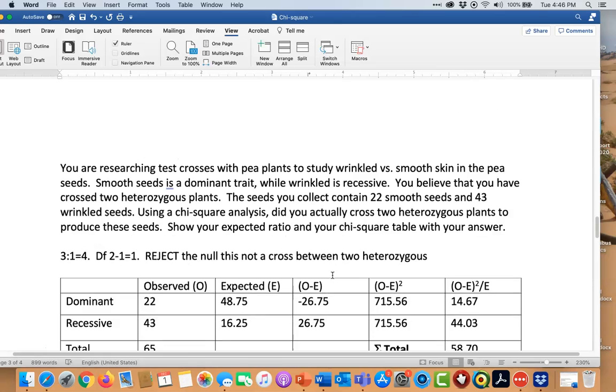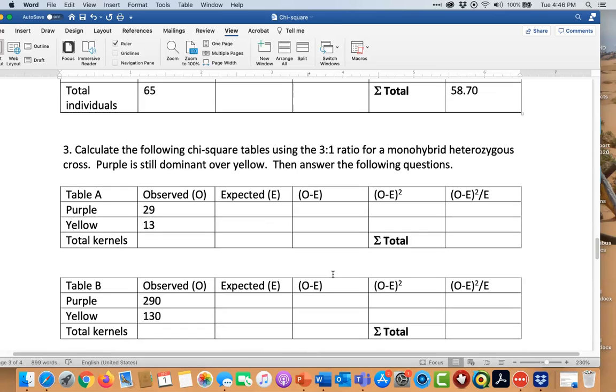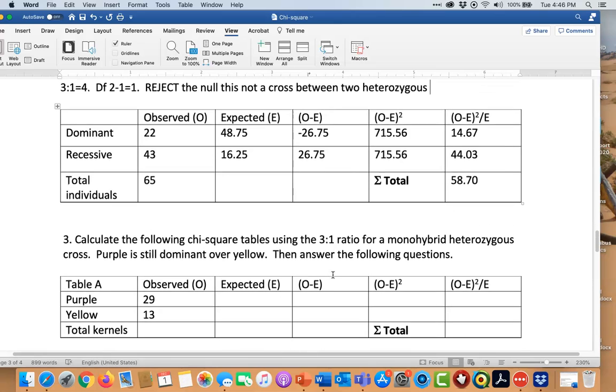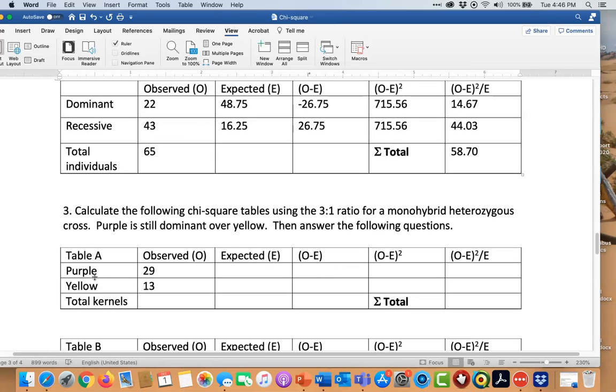So I've got one more here just to show you if you want to watch. So this one I've got, again, 3-to-1 ratio. And we've got purple is dominant over yellow, because this is, again, looking at corn from the lab.